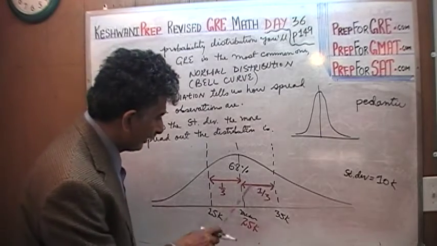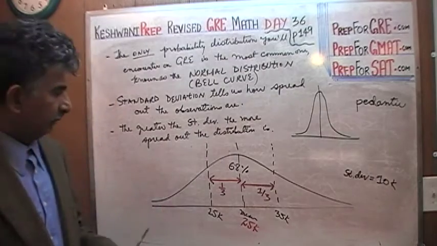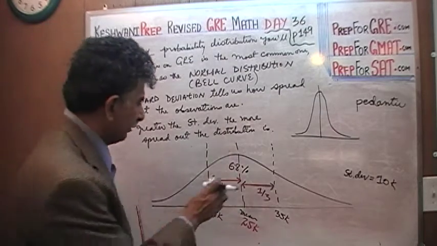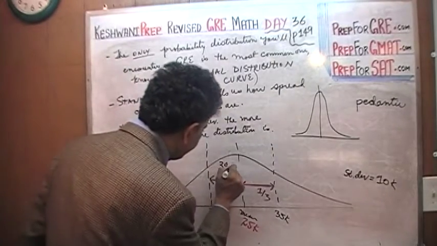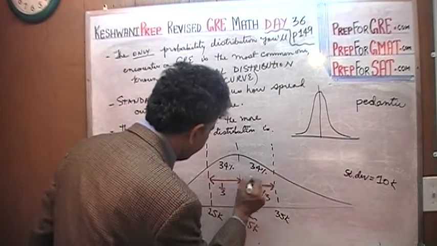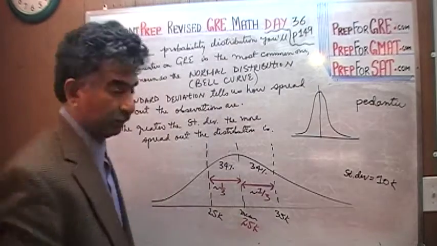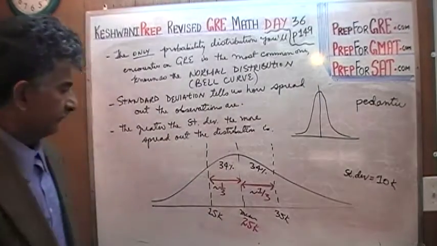Within this range, you will capture 68% of the population. And because it is symmetric, half of 68 is 34, and this is 34. That's why this is approximate.